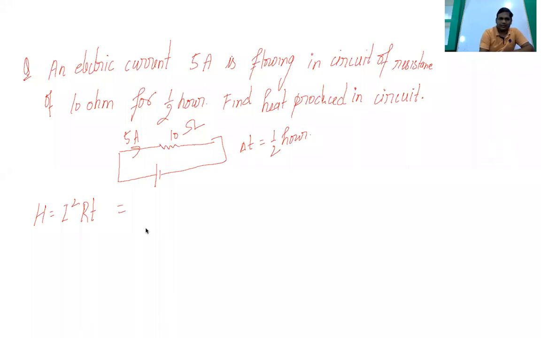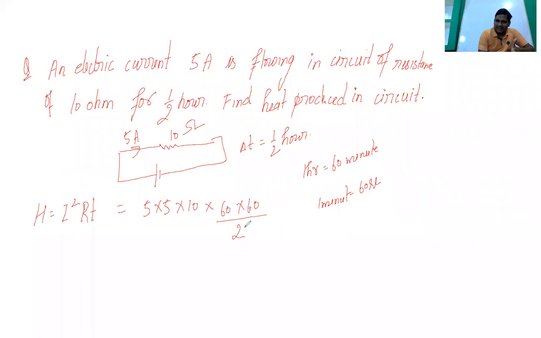Okay. For I square, this will be 5 into 5 and the resistance is your 10. And if you are talking about half an hour, you need to calculate this in seconds. You know, in 1 hour there are 60 minutes, and in 1 minute there are 60 seconds. So half an hour is 1800 seconds.